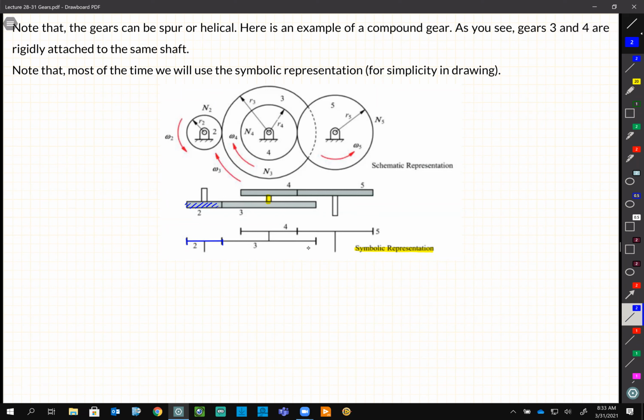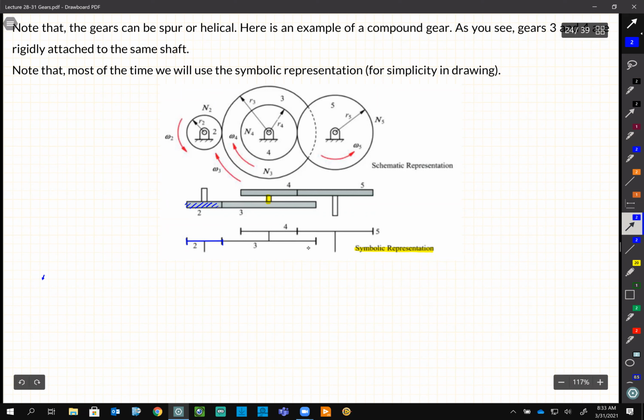Similar to the things that we learned before, we start from omega-2 and we will find our way to omega-5. Let's do it together. So what is the ratio of omega-2 to omega-3? 2 is connected to 3. So first of all, the direction changes, and then the ratio is N3 over N2, right? As simple as that.